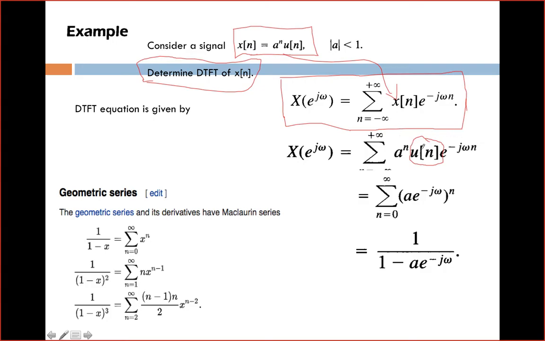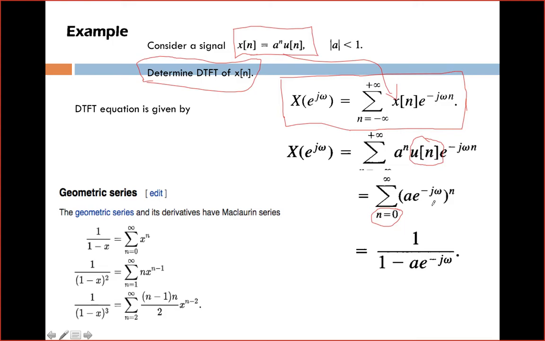Because of the multiplication by the step sequence, the range of summation reduces to 0 to infinity. So I am changing the limit: n equals 0 to infinity of a into e power minus j omega into n.